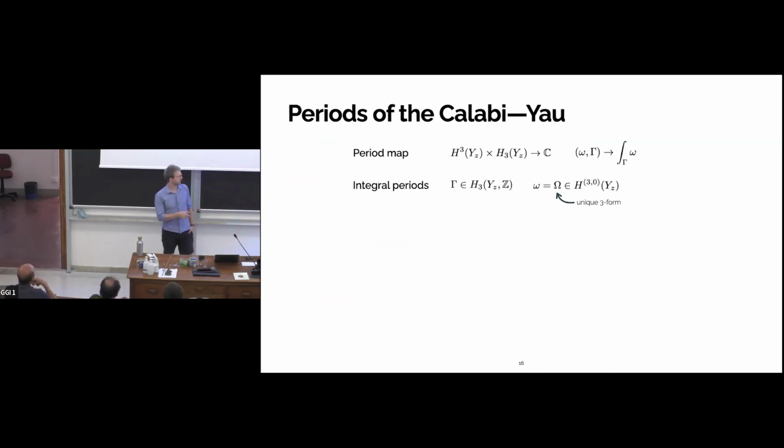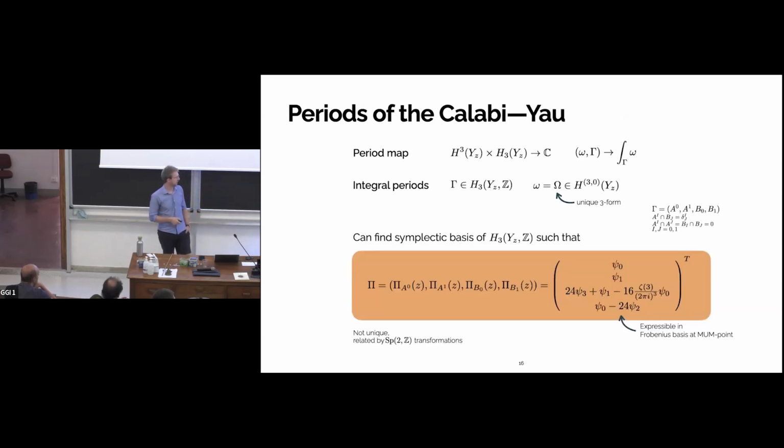Okay, yeah. So again, as I said, integral periods. So again, first of all, you want integral cycles, and the other thing is, you would like to integrate over this unique three form that I was telling you before. And again, just as in the curve case, you can find a symplectic basis of these cycles using mirror symmetry, if you care to know about that, but I don't want to go into that right now.